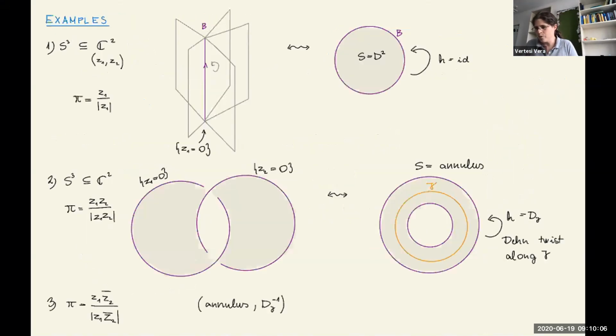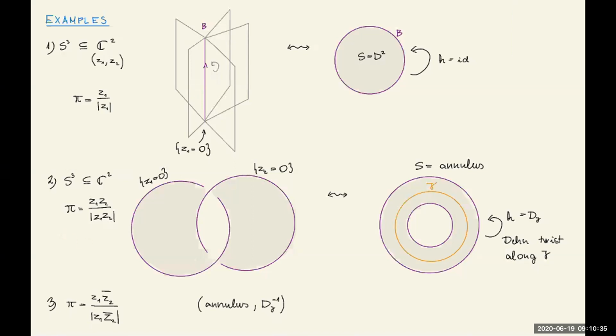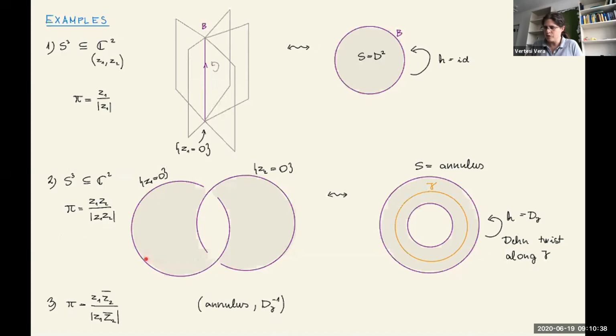So the simplest example of an open book is S3 with the z coordinate being the binding, and the theta coordinate being the angle of the half planes. And then there is this other example which people usually use: S3 with two circles removed, and then these two circles can be fibered with fibers which are annuli.